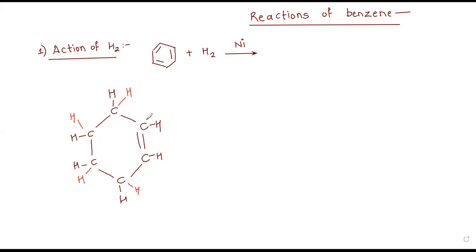And when I add the third molecule of hydrogen, double bond will vanish. That means I'm together going to add 3 molecules of hydrogen across 3 double bonds. And the compound which I will get will be cyclohexane.